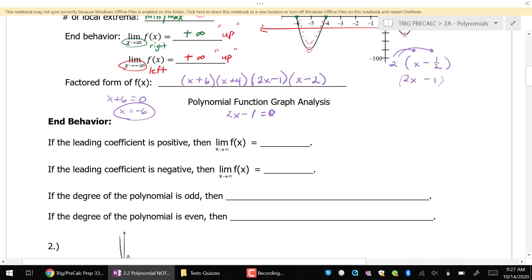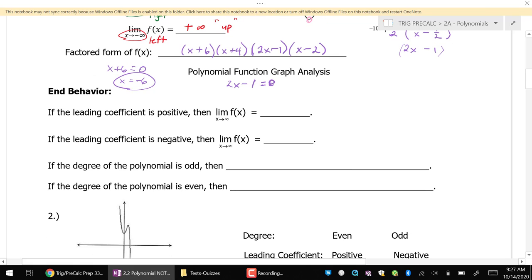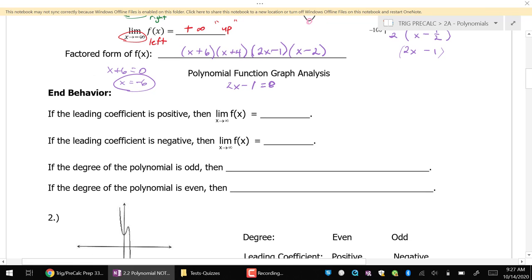Okay, some more with end behavior. So if the leading coefficient is positive, then what we're going to see is as the function approaches infinity to the right, it's going to be climbing to the right. But if the leading coefficient is negative, then it's going to be falling. An example would be, think about x to the third versus negative x to the third.